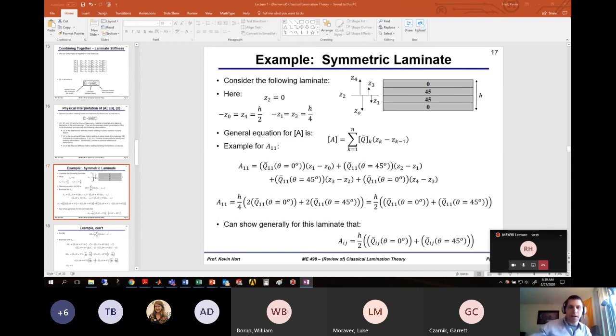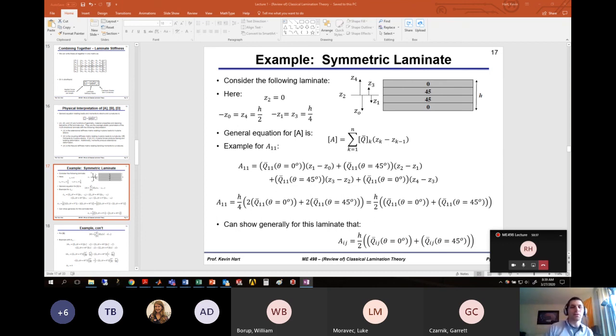Okay, and I've noted this as a symmetric laminate because the stacking sequence is symmetric about the midplane. So if we say that the midplane here occurs between the 45 layers, then we have symmetry with 45 above, 45 below, and zeros, 2 above and 2 below.